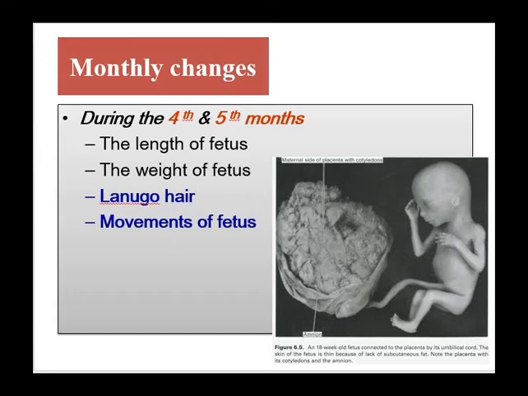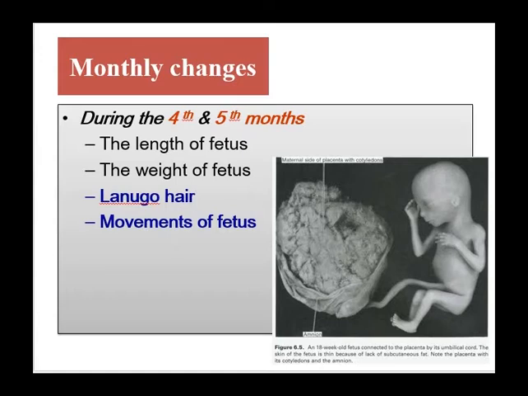However, during the 6th month, the skin of the fetus looks reddish and wrinkled because of lack of underlying connective tissue.